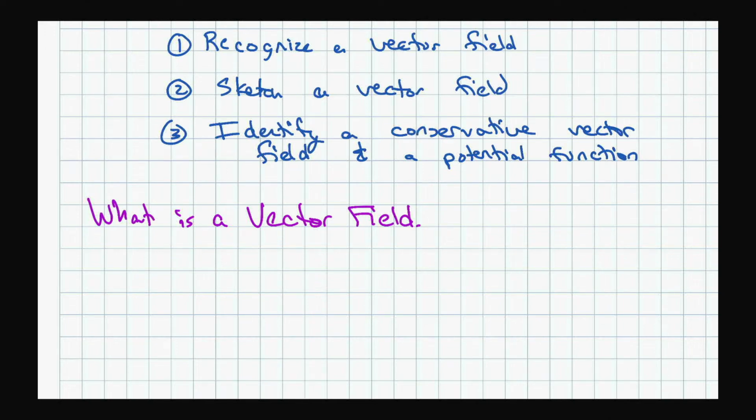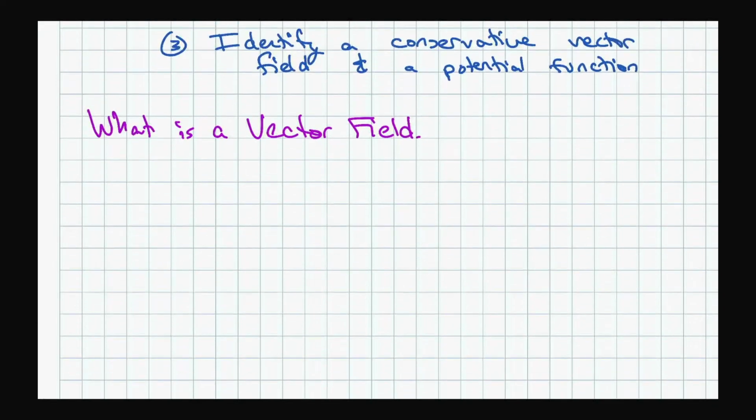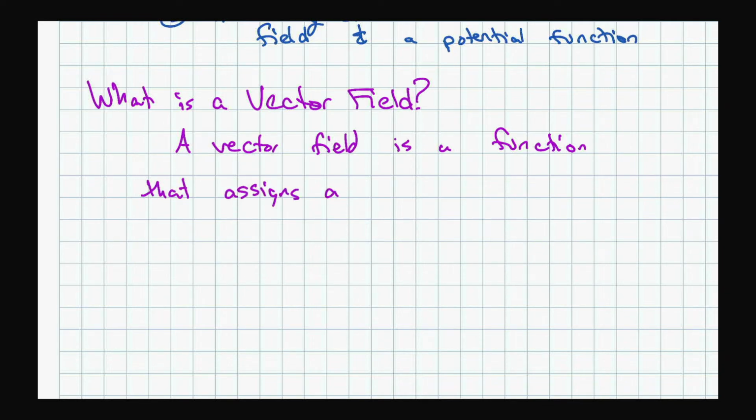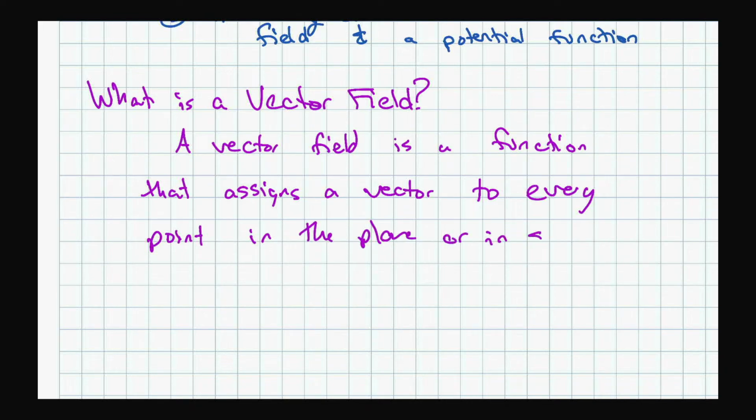Okay, so what is a vector field? This is a question. What is a vector field? So basically, a vector field is a function that assigns a vector to every point in either the plane or in space, right?